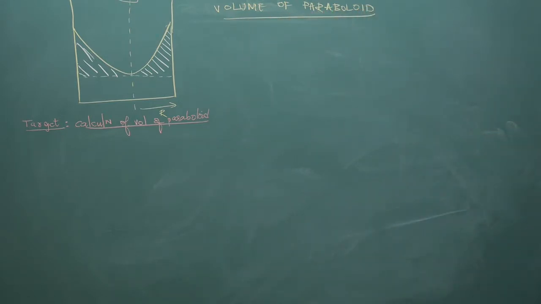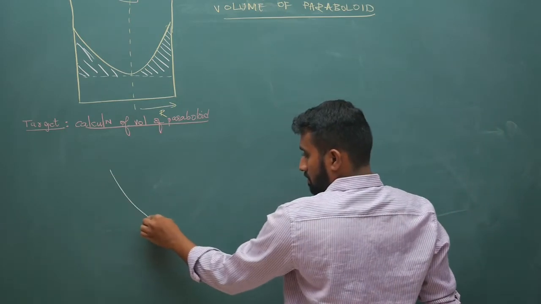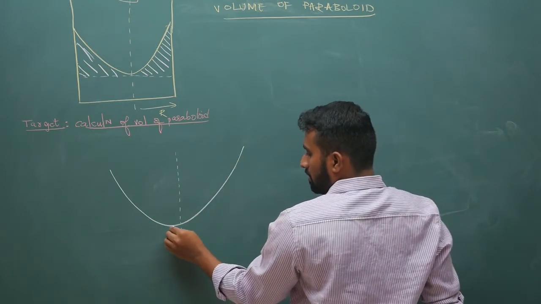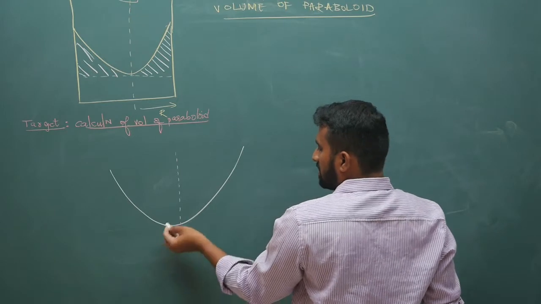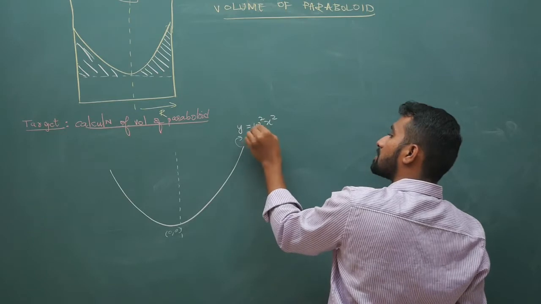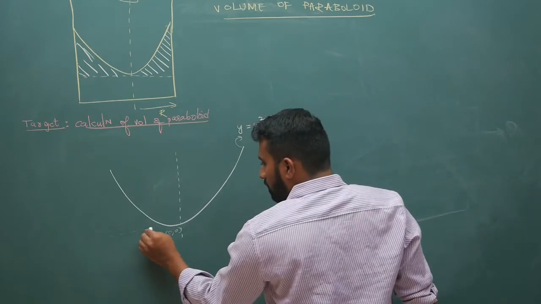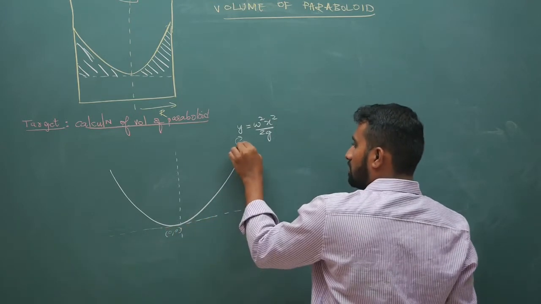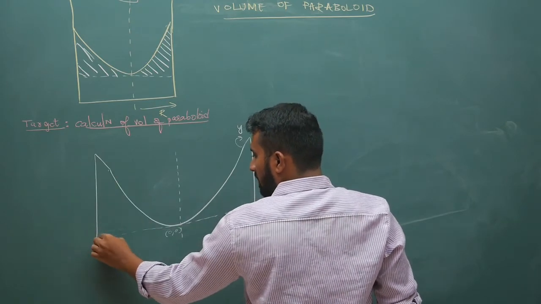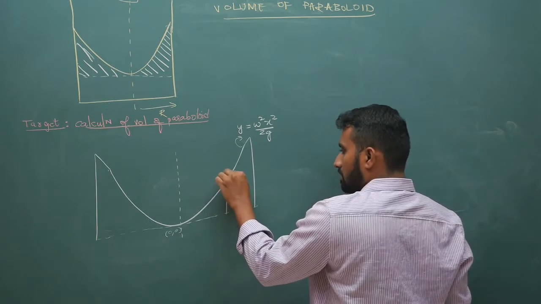Now observe carefully. I will take this to be my origin. In such a case, my equation is y equals omega square x square by 2g. I am trying to calculate only the volume of this portion. Because if I know y min, I can calculate other things as well, but for now let me take only this part.